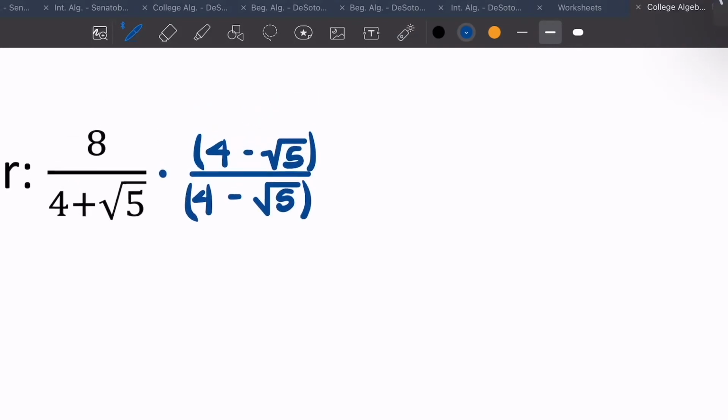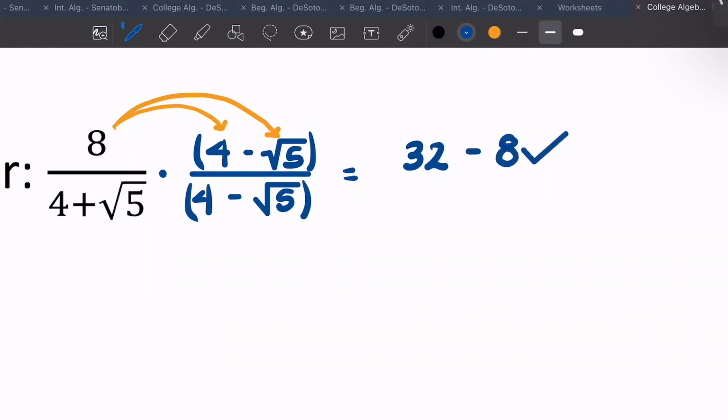So we are going to distribute the 8, right? We're going to say 8 times 4, and that gives us 32. And then 8 times negative square root of 5 gives us minus 8 on the square root of 5.